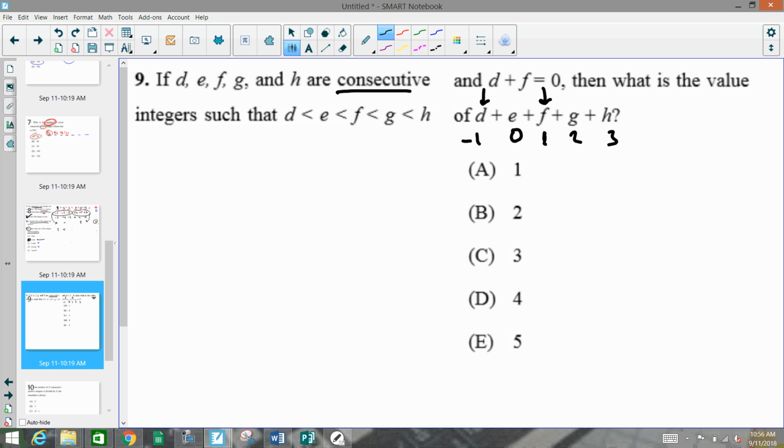What is the value? Consecutive integers such that, and what is the value? The sum. We're going to add them all. So these cancel out. -1, +1, 0, all 0. So 3 plus 2 is equal to 5.